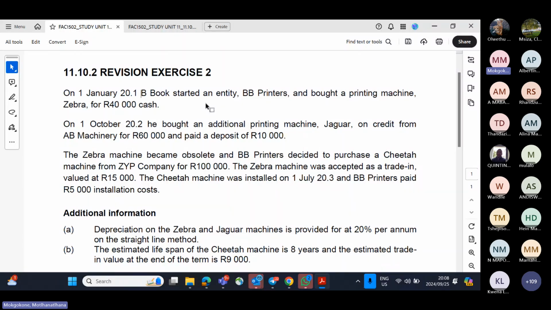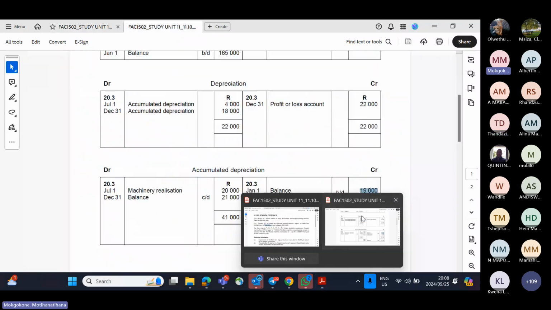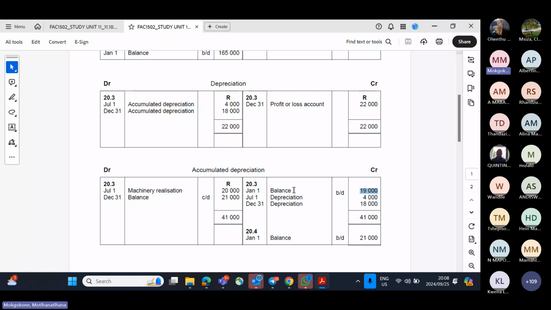Is 16,000. Then the other one will be 60,000 times 20% again, times 3 over 12, which is how much? 3,000. 3,000 plus 16,000 is how much? 19,000. This is the 19,000. It is the opening balance, which was the previous accumulated depreciation. Then it becomes the opening balance of the current financial period.